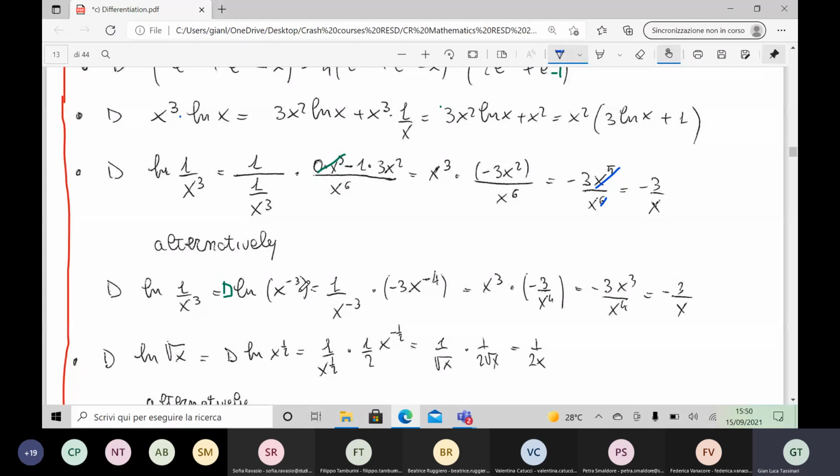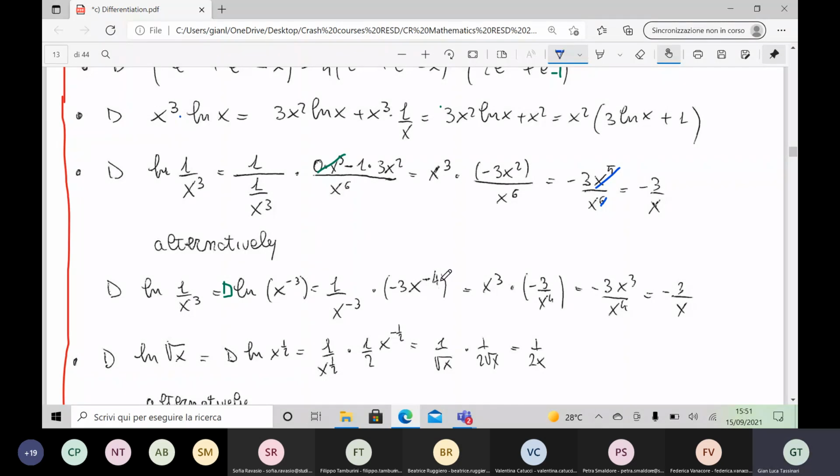Written in this way it is no longer a ratio like before, but in this case it is a power. How can you compute this derivative? It is the derivative of x to the power alpha, which is alpha times x to the power alpha minus 1. So minus 3 times x to the power minus 3 minus 1, minus 4.